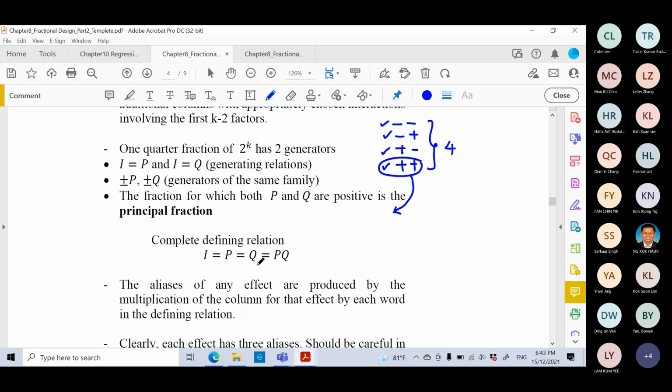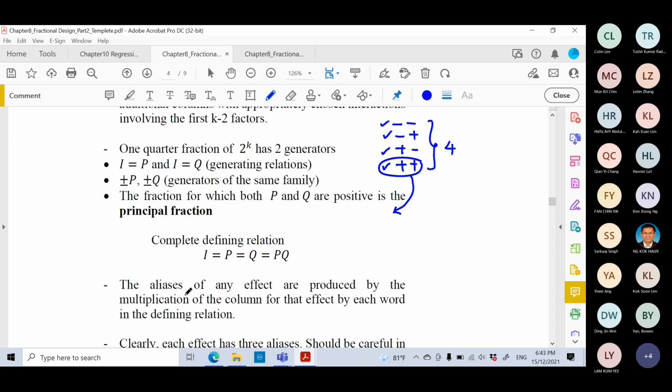So our defining relation consists of P, Q, and PQ. The aliases of any effect are produced by multiplying the column for the effect by each word in the defining relation. If you want to obtain the alias structure, you take the complete defining relation and multiply it by each factor. Then you get the alias structure for the rest of them.